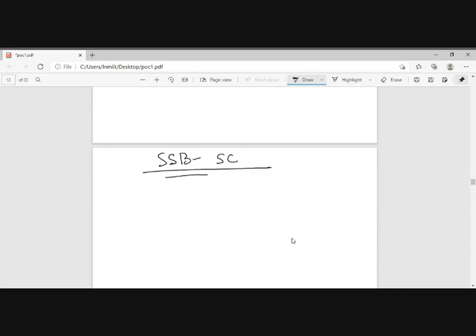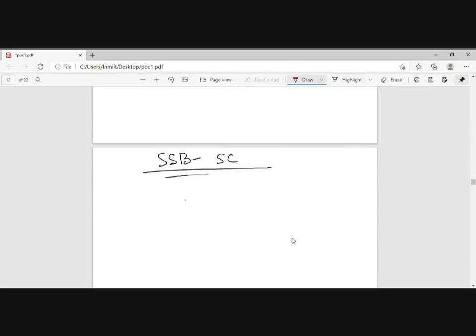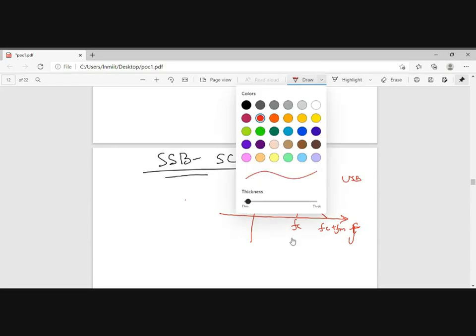Okay. So if you can go through this, what will be my bandwidth? So SSB-SC will be having a spectrum, this is SSB of F, and this is my spectrum, FC, FC plus FM per sideband. Take another example.